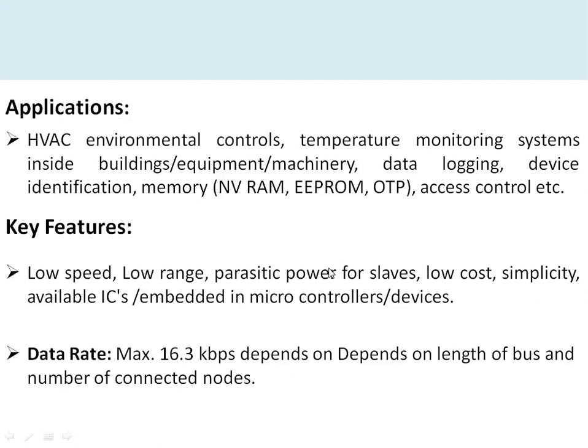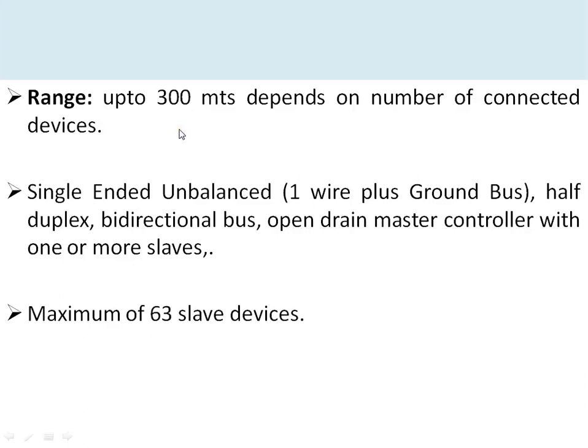So the slaves can be powered from the data bus itself, and this bus is low cost and simple in construction. The maximum data rate it supports is up to 16.3 kilobits per second, and this depends upon the length of the bus and the number of slaves connected in the bus. The range is up to 300 meters, and this also depends upon the number of connected devices.